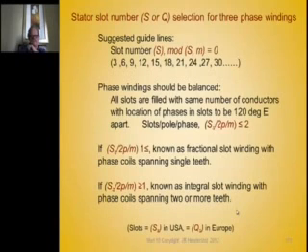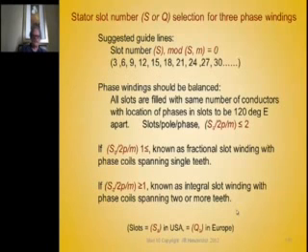So what that means is, since the number of stator slots has to be divisible by the number of phases, for 3-phase motors your choices are 3, 6, 9, 12, 15, 18, 21, 24, 27, 30, 33, and so on. And since the phase windings must be balanced, all the slots should be filled with the same number of conductors, or you should have the turns per slot, or conductors per slot, the same.